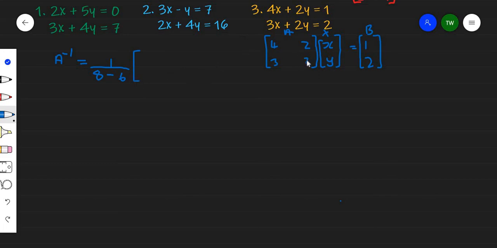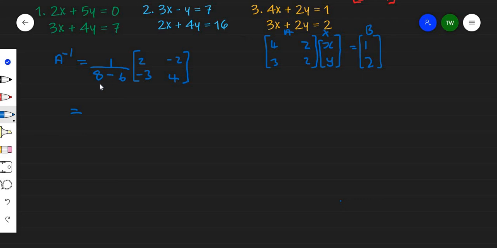The adjoint of A, where 4 is, we're going to put 2. And where 2 is, in the main diagonal, we're going to put 4. I'm going to change the sign of the other term, so it's going to be negative 2 and negative 3. And we can simplify this a bit.